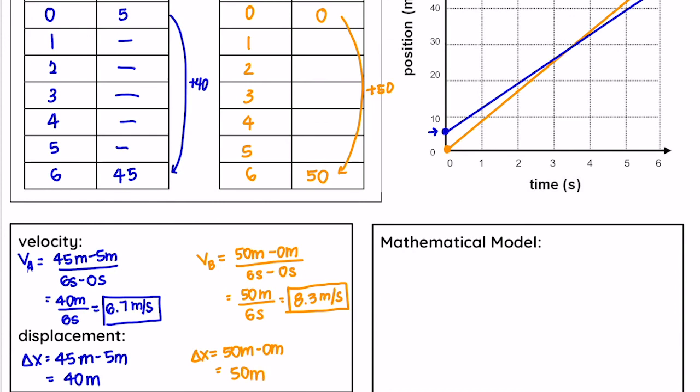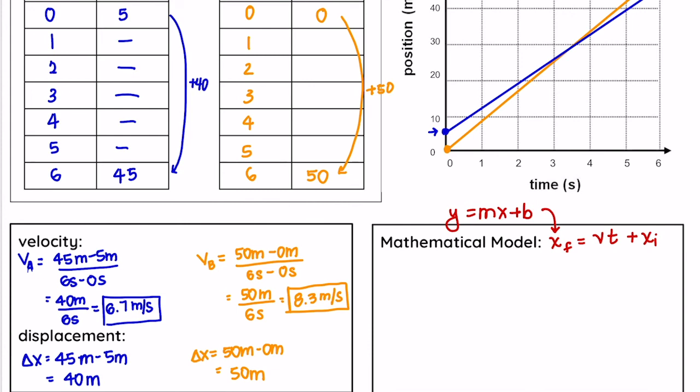And for our mathematical model, remember we're starting off with y is equal to mx plus b, and we are going to go down to the next level, which is x sub f is equal to velocity times time plus initial position. And we're going to just replace all those placeholders with what it means for each person's motion.